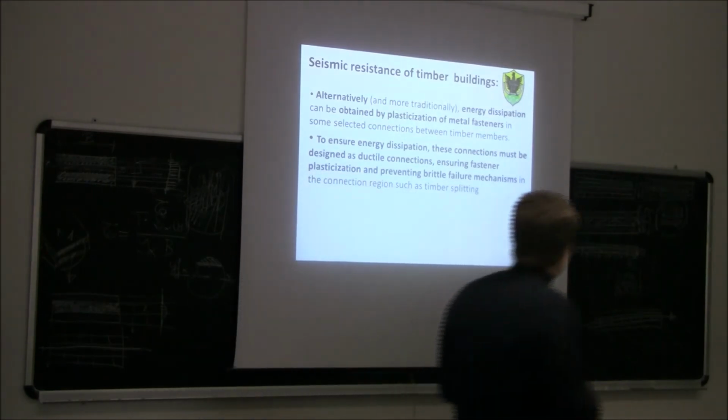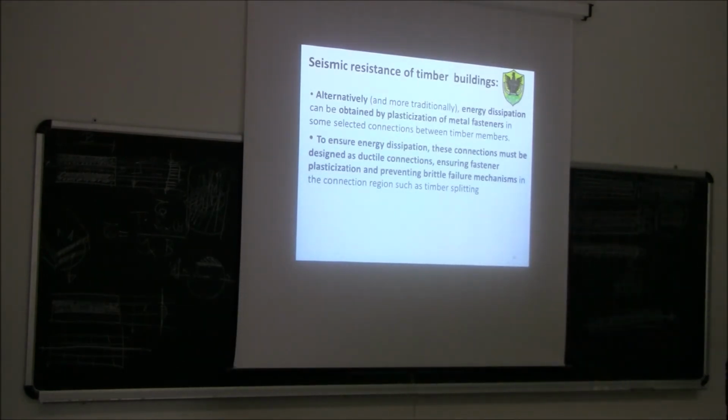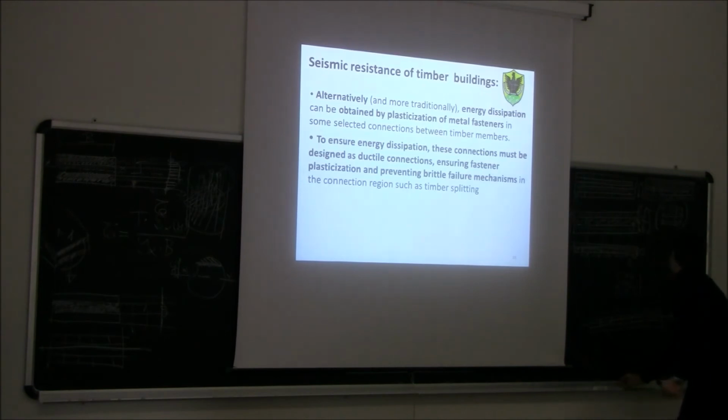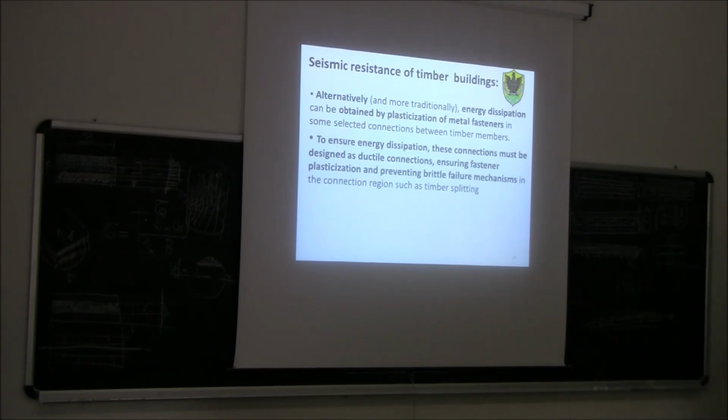For example, when you have a joint like this, timber member, and a fastener here. You remember there are 6 different failure modes here, but only 3 are characterized by fastener plasticization.